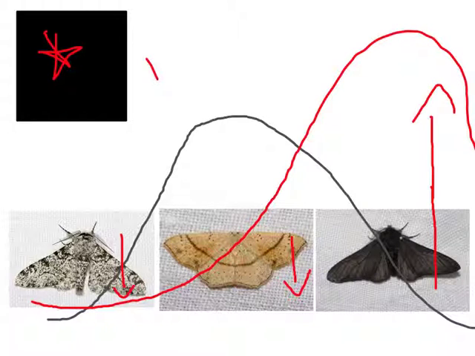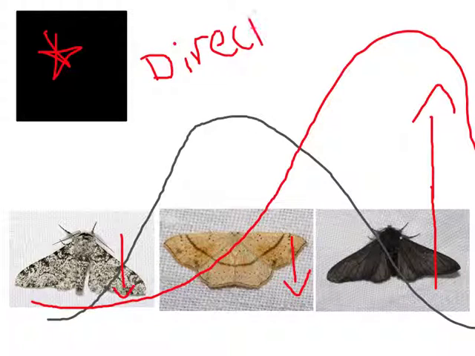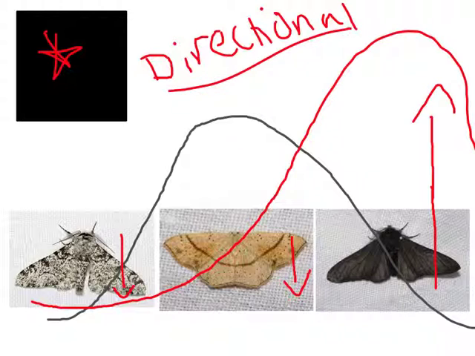This is called directional selection. Because the bell curve has moved over, it's shifted in one direction. The bell curve top was here, now it's over here, so it's moved over.